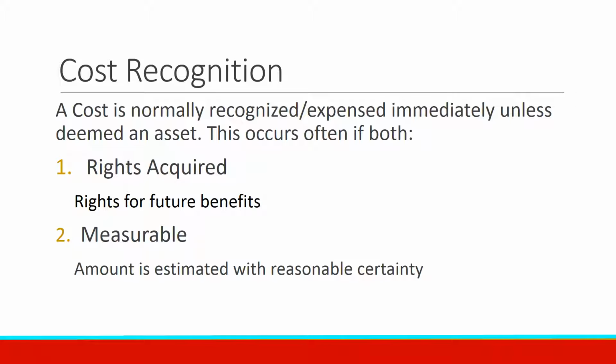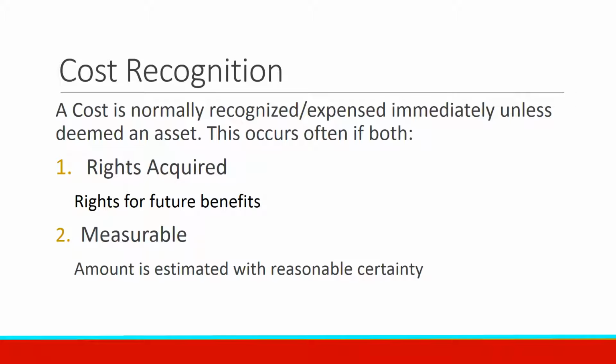In the case of revenue, firms are eager to say that they earned a revenue and boost their earnings. So we want to make it difficult, put hurdles in their way to prevent them from rushing ahead and recognizing revenue. In contrast, firms are not eager and rushing ahead generally to put expenses onto the income statement.